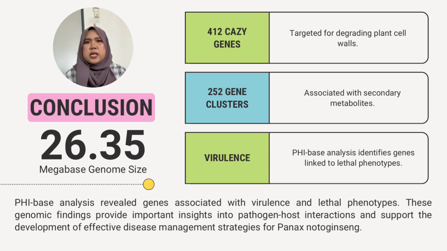PHI-base analysis further highlighted genes associated with virulence and lethal phenotypes. Overall, these genomic insights provide a solid foundation for understanding pathogen-host interaction and developing targeted strategies to manage leaf spot disease in Panax notoginseng.